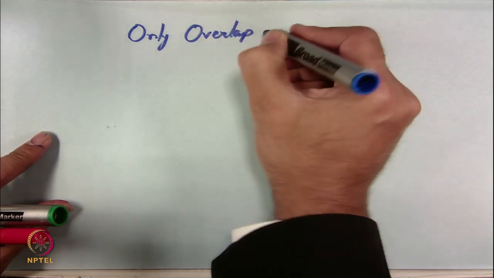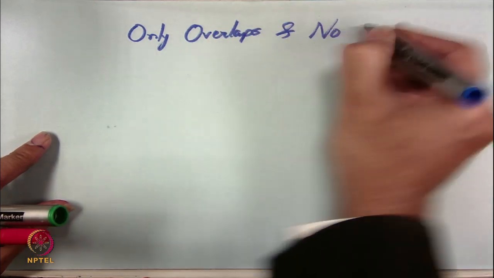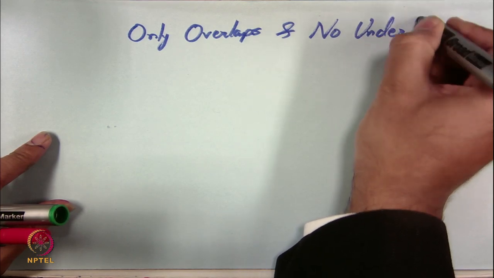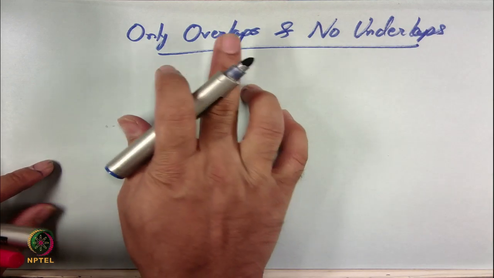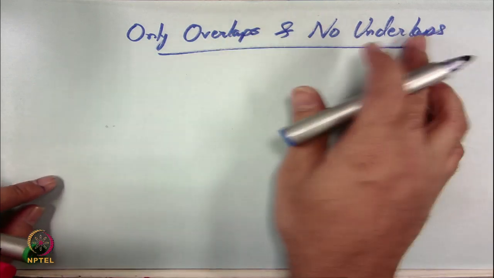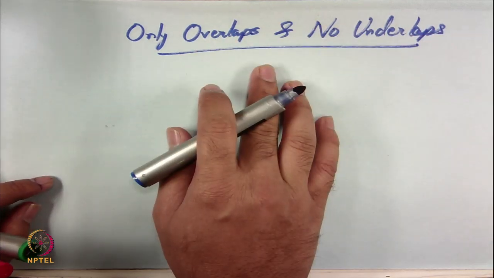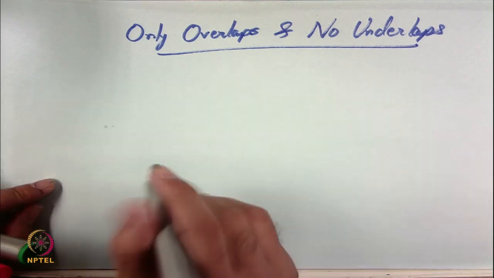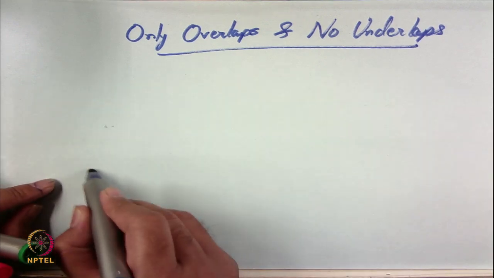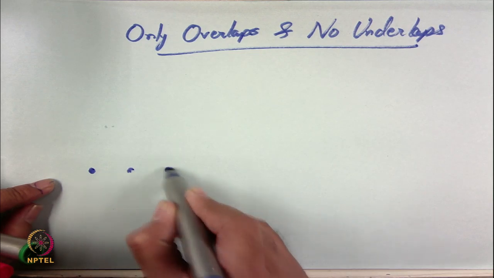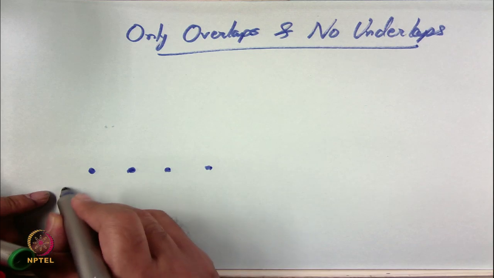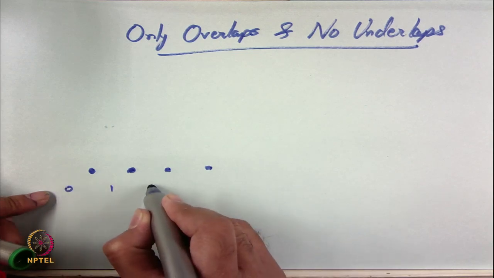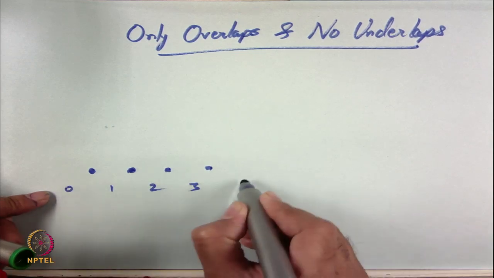Now, let us see another condition, only overlaps and no underlaps. The guide bar is only providing overlap on the front side of the needle, it is not doing underlap at all. So, how can you do this? Let us suppose you have the needle, you have the guide bar position 0, 1, 2, 3.